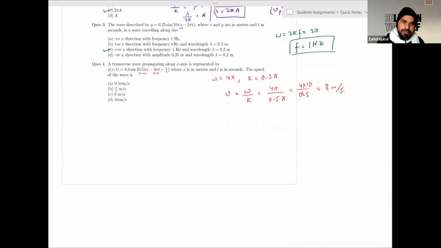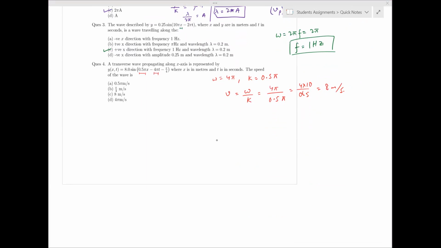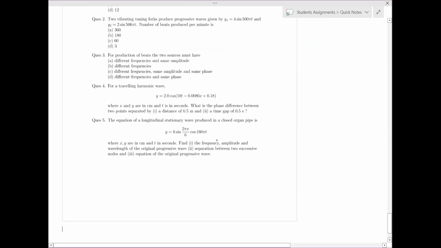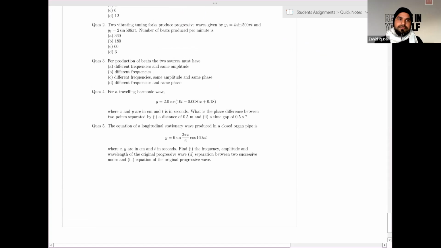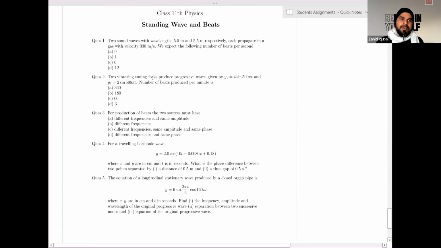There was one more assignment, based on standing wave and beat. In the first part, we have two sound waves having wavelengths 5 meter and 5.5 meter, propagating with the given speed.